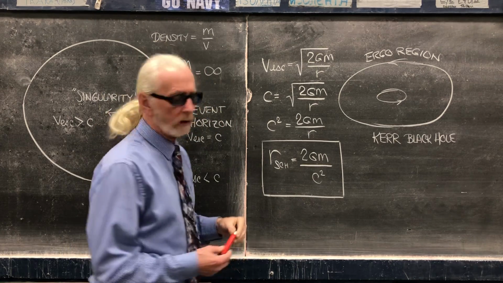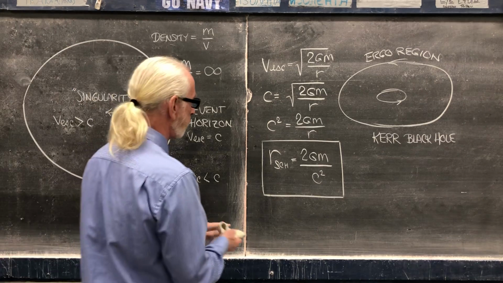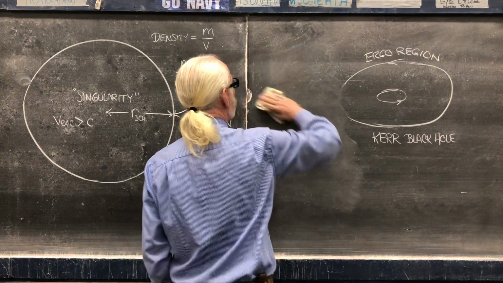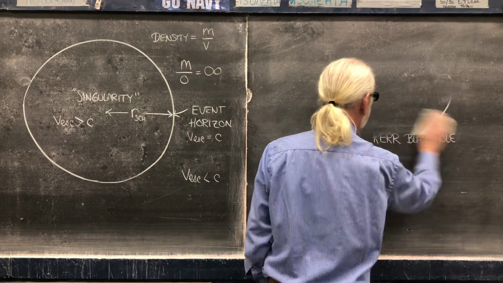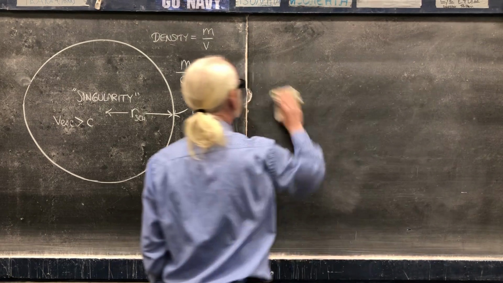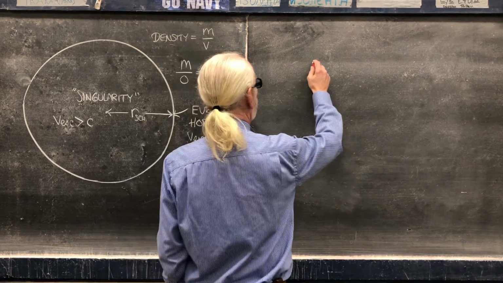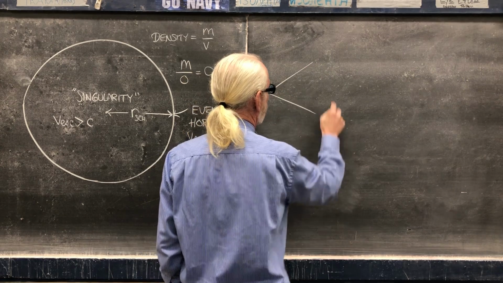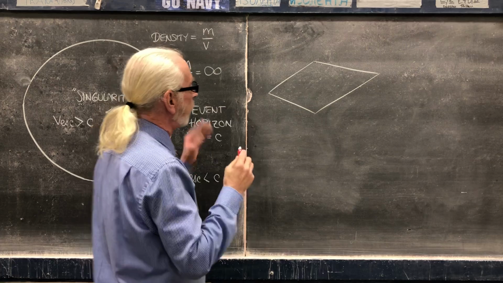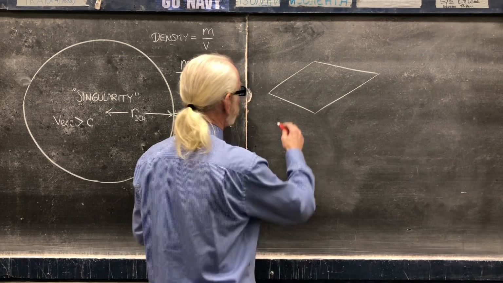Oh, I want to show you one other thing too, while we're at it. You can go to any number of sources, online or in a textbook, in which you will see a black hole described like so. In this case, we're talking about the curvature of space-time, which we covered in special and general relativity.